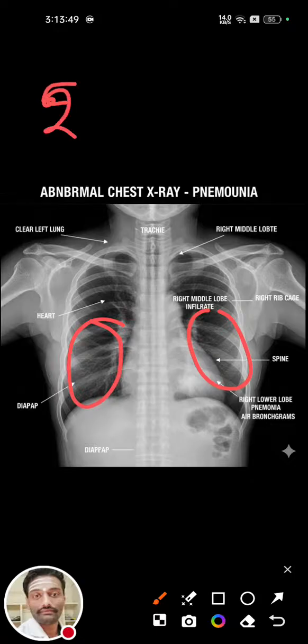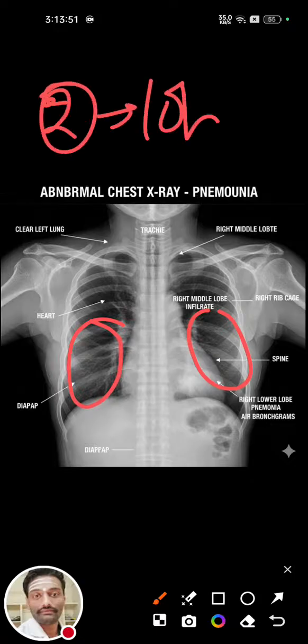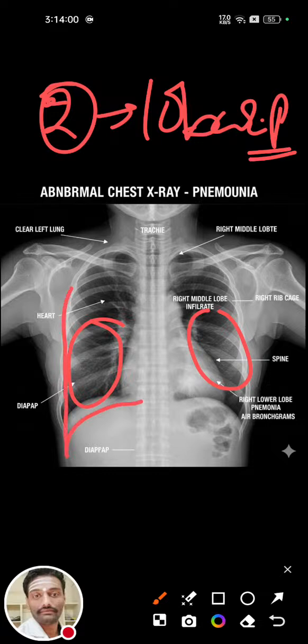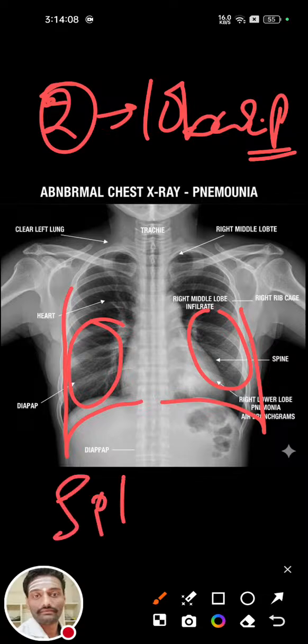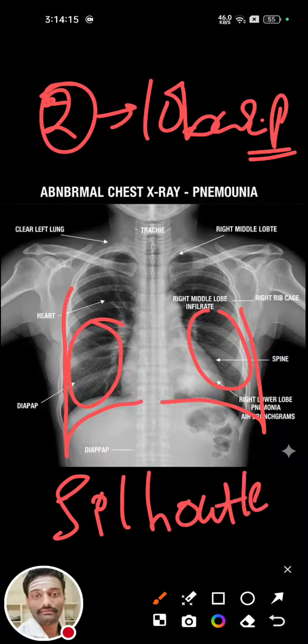The second type of pneumonia is lobar pneumonia. In lobar pneumonia we see a dense lobar opacity with large sharp margins formed by the fissures. One more finding in lobar pneumonia is the silhouette sign.